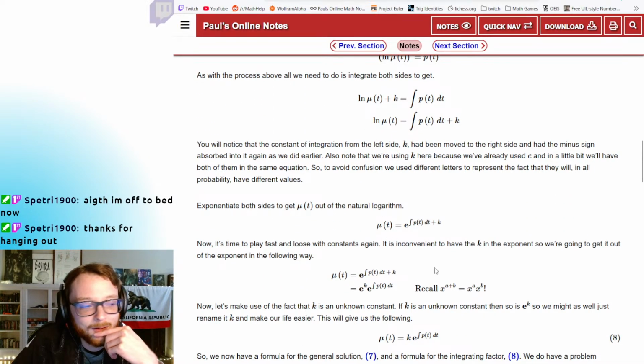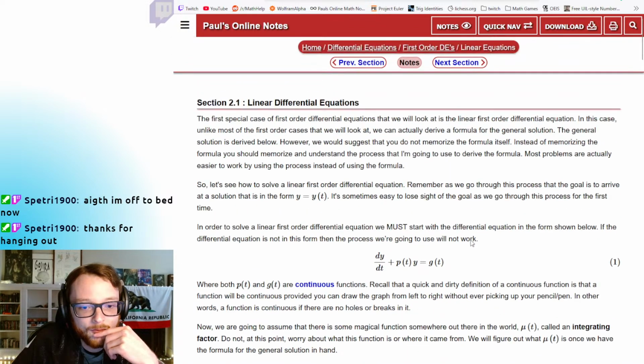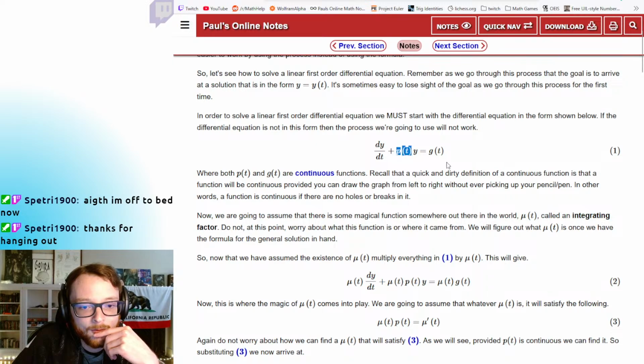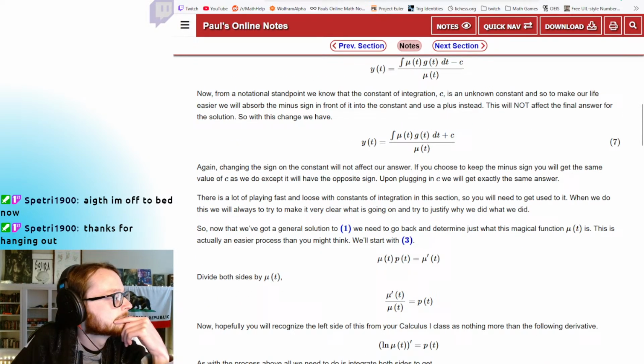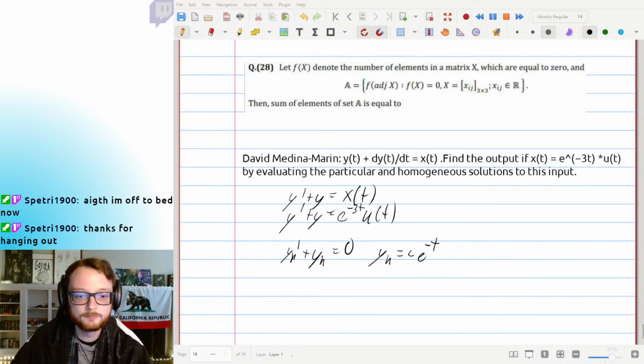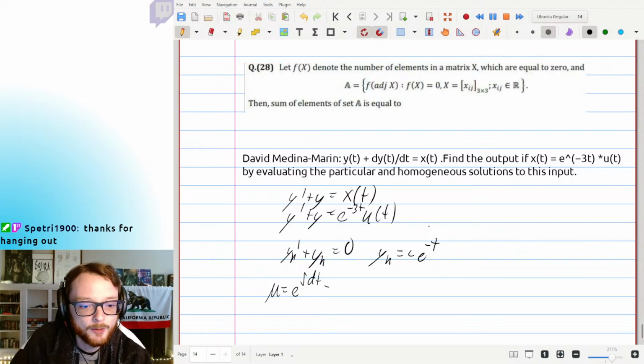All right, the integrating factor. I should really just know how to derive this, but I don't. It's e to the integral of p of t, and p of t is the thing in front of y. Okay. P is just one here.